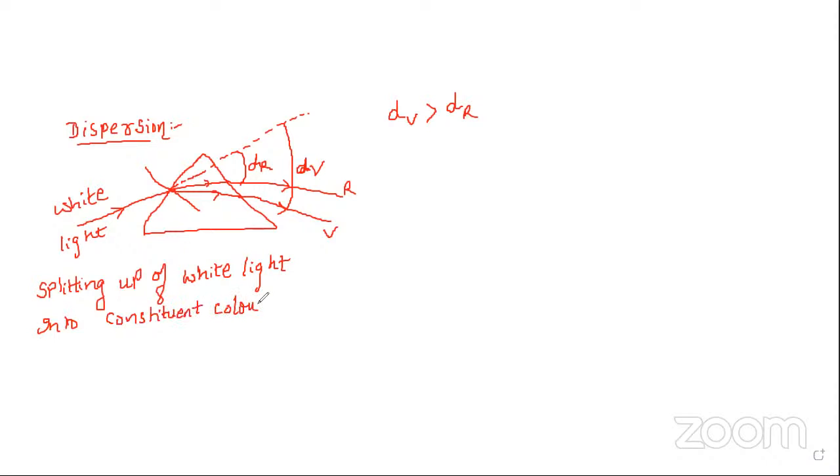In that, the deviation is more for violet compared to other colors. Now, the angular separation between the two colors is what we call angular dispersion.